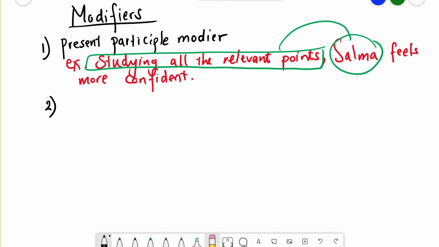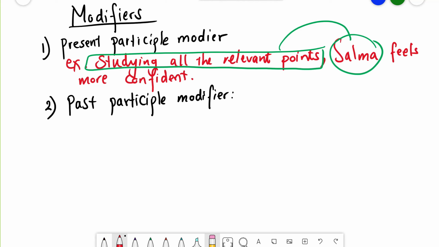What else? It could be past participle modifier. Who can give me an example? I can go for this. Stunned by the one in a million view, the amazing, whatever.